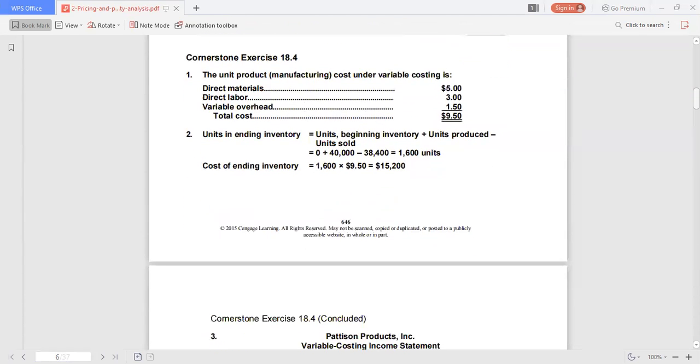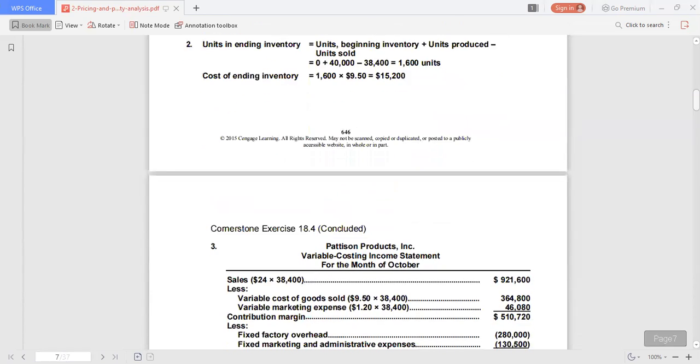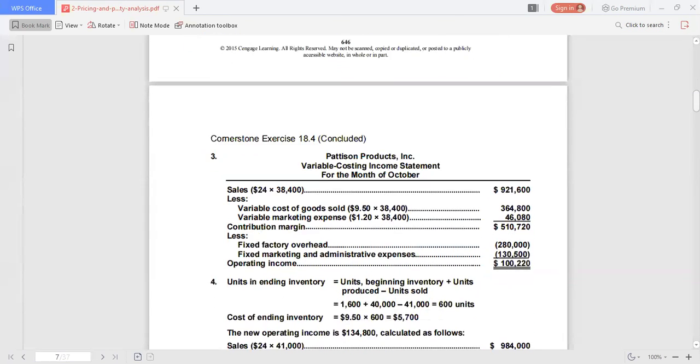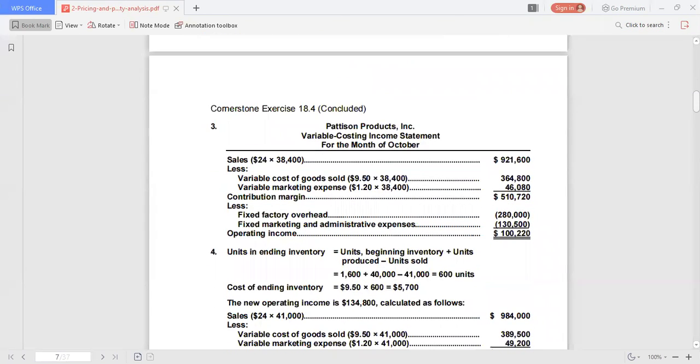So, for the income statement for the month of October, we have now your sales. Then we deduct the variable cost of goods sold and the variable marketing expense. So, we have the difference as the contribution margin. Then we take the contribution margin minus the fixed factory overhead and the fixed marketing and administrative expense.